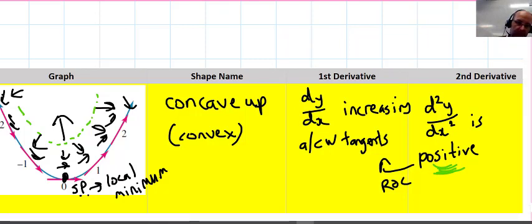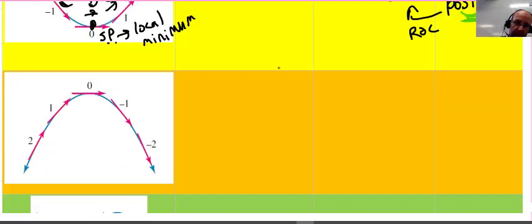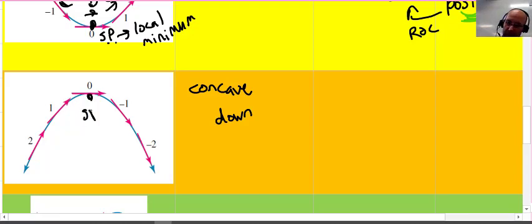So this d squared y dx squared is positive for a concave up shape. In the second shape here we have concave down. We have a local stationary point there, a local max. And we have our concave down, and therefore we have the opposite situation.